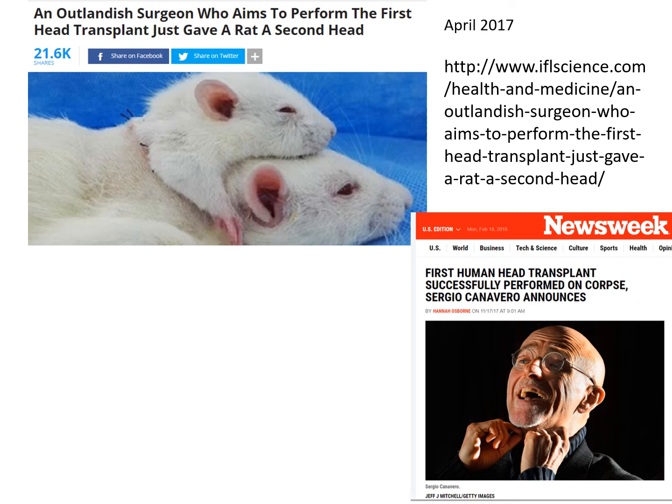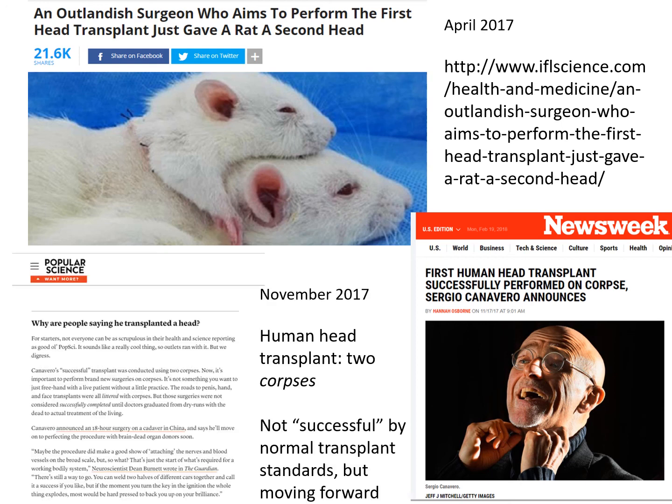In October 2017, he claimed to have, quote unquote, successfully completed a transplant on a corpse, a human corpse, that is. And so there are a number of issues with this, aside from the ethical implications of this.